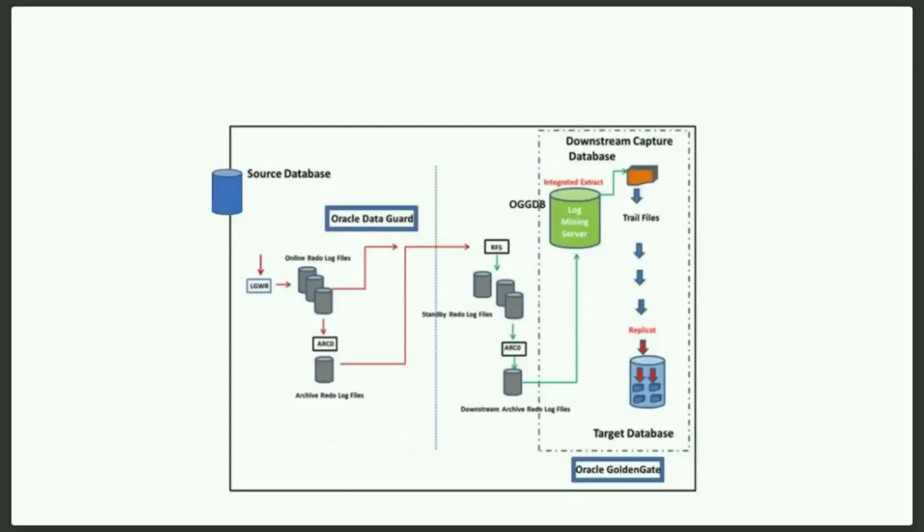Otherwise, if I'm using standby log files, the RFS process captures changes as soon as they're committed on the source and writes to standby log files, and then they're picked up by the log mining server engine. Once they are processed by the log mining server engine, the standard GoldenGate processes kick in, like the integrated extract, which writes to the trail files. These trail files are sent over the network to the target, where the Replicat process picks up those changes and applies them to the database.